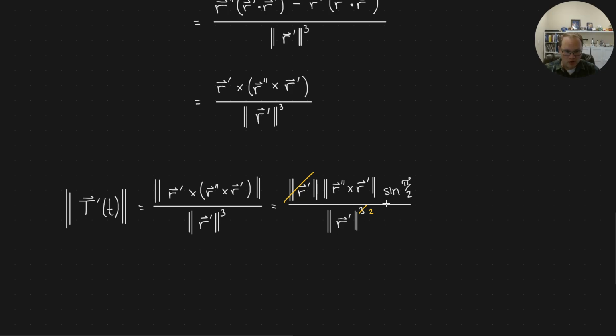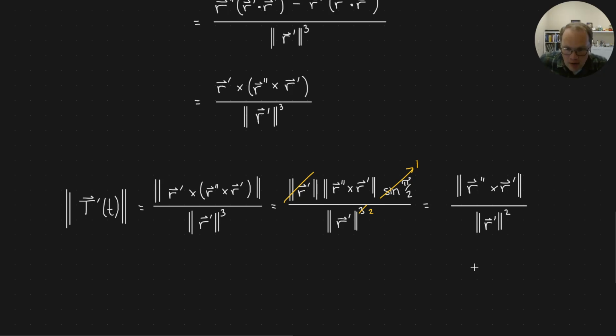And sine of pi over 2 is 1. And so I get that the norm of t prime of t is the norm of r double prime cross r prime over the norm of r prime cubed. I'm sorry, squared.